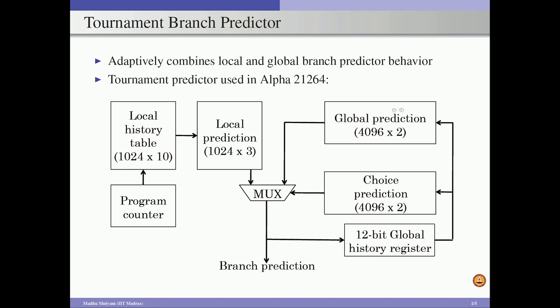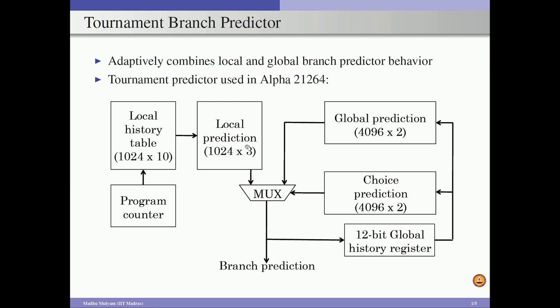We map to one particular entry, and that entry gives us 2-bit information, which again gives us the outcome in a global sense. Each entry in the local prediction table is mapped to a 3-bit dynamic branch predictor.